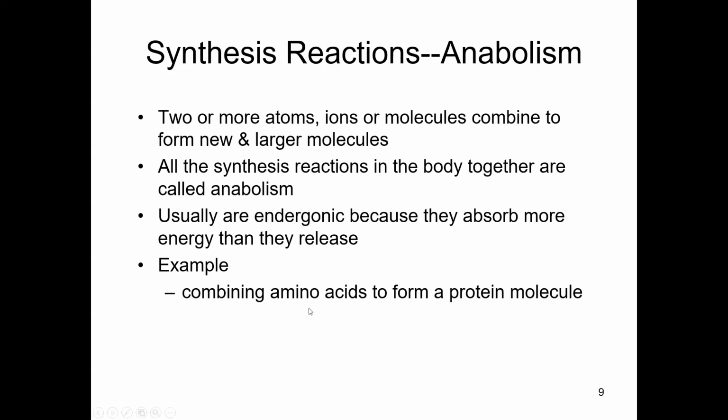Typical biological example, taking amino acids and forming a long protein. We'll be seeing in chapter 3 that on ribosomes, this process goes at a breakneck pace in all of our cells. So we have many, many anabolic reactions in our body. This is a natural set of chemical reactions in our body. We need energy for this.